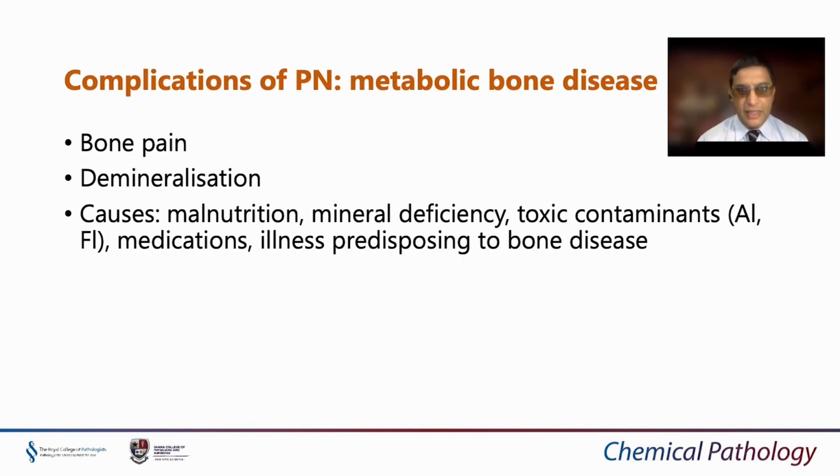Metabolic bone disease is another complication of parenteral nutrition. Bone pain and demineralization are observed, and the causes are malnutrition, mineral deficiency, sometimes toxic contaminants within the parenteral feed, for example aluminium, medications, and illnesses that predispose to bone disease.